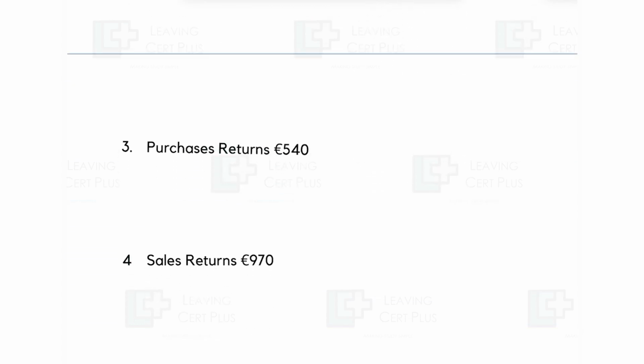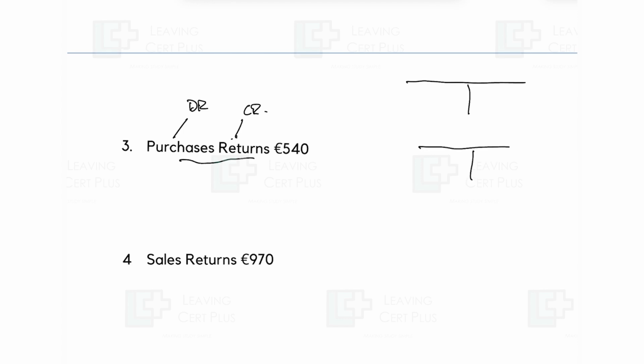Now these two are slightly different. Just remember, your purchases account is always debited. So therefore, if you've purchases returns, that has to be on the opposite side. It has to be credited. Why? Because it's the opposite of purchases. Or to make this even clearer, purchases returns. Purchases are goods you bought. If you return them, then they're going out. Out means credit.